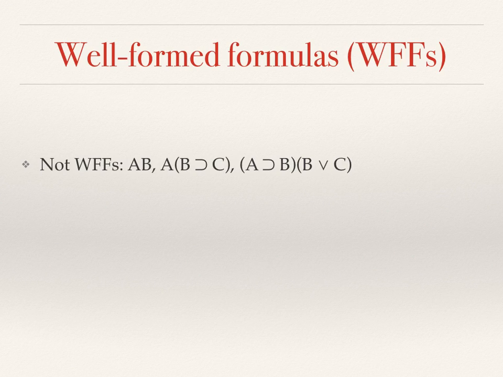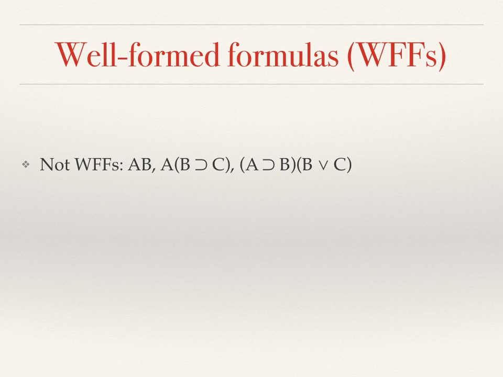And similarly, everything within a parentheses counts as its own compound statement. So the last example, A implies B in parentheses, and then B or C in parentheses, that's basically two simple statements next to each other. That's just like A B. We need an operator between the two. So that's not well-formed either.